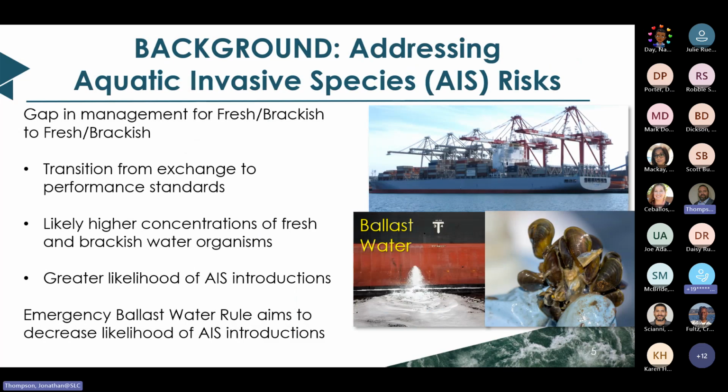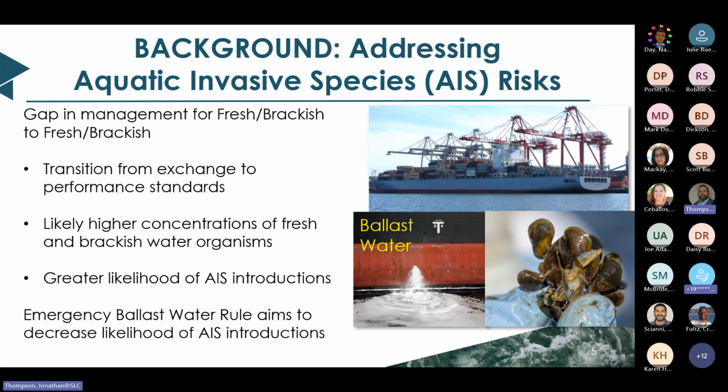So as a result of this introduction, it exposed, or highlighted, a gap in management for fresh and brackish ballast water that's discharged into California's fresh and brackish water environments. This was potentially a result of the transition from exchange to the implementation of performance standards.